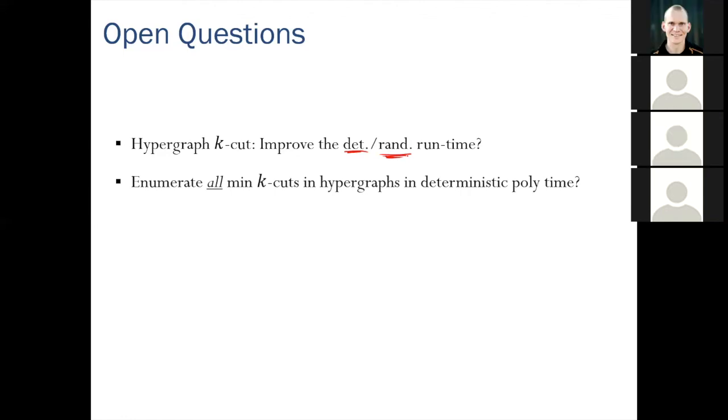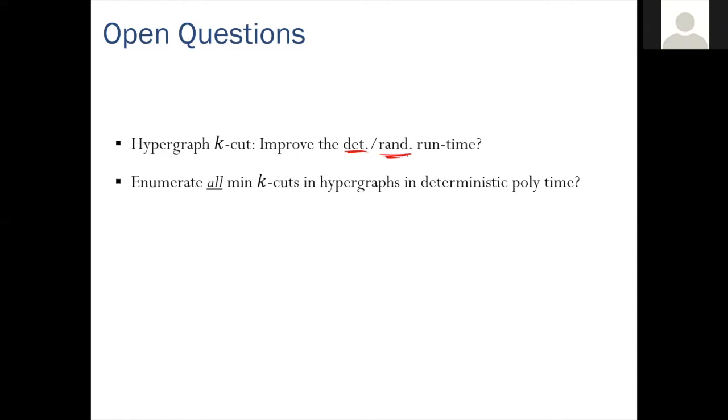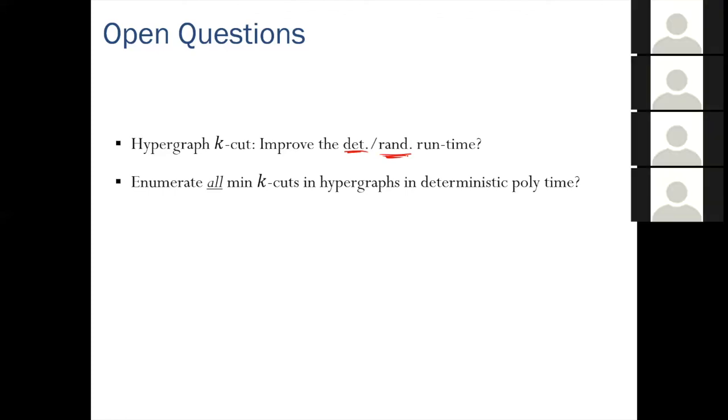Another nice open question here is whether we can enumerate all min K-cuts in hypergraphs in deterministic polynomial time. Recall that we can enumerate all min K-cuts in graphs in polynomial time. The number of min K-cuts in graphs is polynomial. You can show this using Karger's random contraction technique. So you can enumerate all min K-cuts in graphs in randomized polynomial time using Karger's random contraction technique.